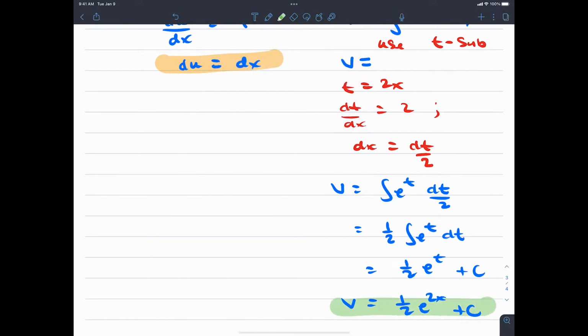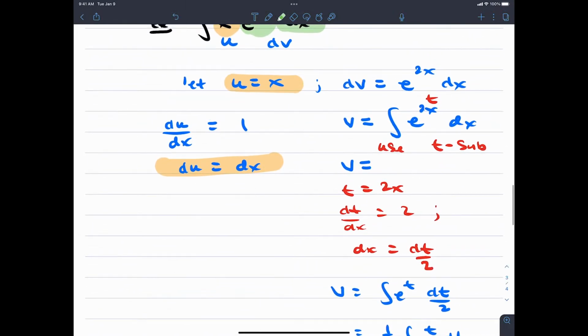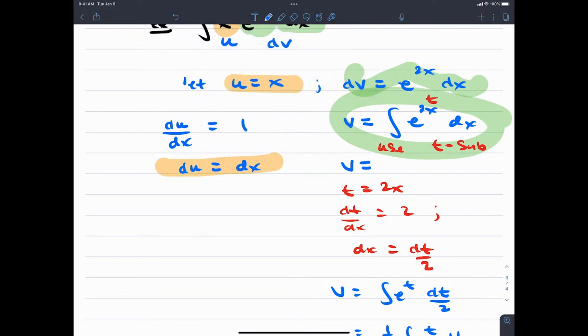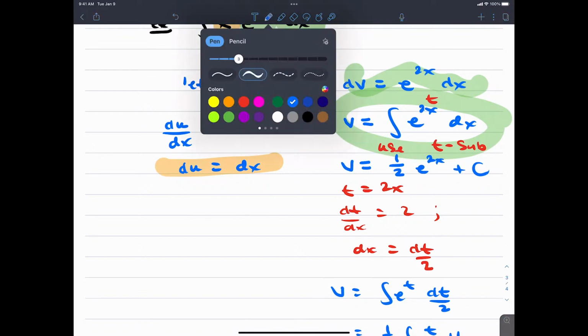Now, some people, when they look at this integral, because they've done a whole bunch of u sub, they already know that this is 1/2 e to the what? 2x plus c. Because they already know what? u sub. But be careful, because if you say, I want to do u sub, there's already a different u. That's a problem.